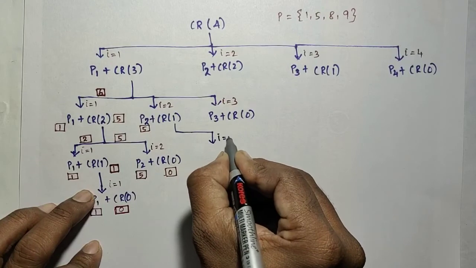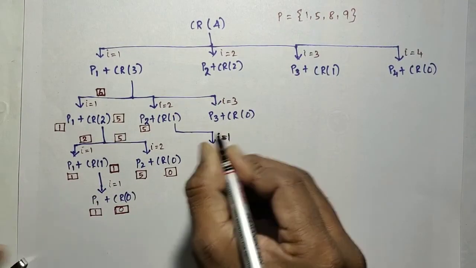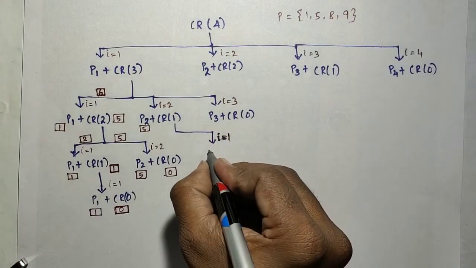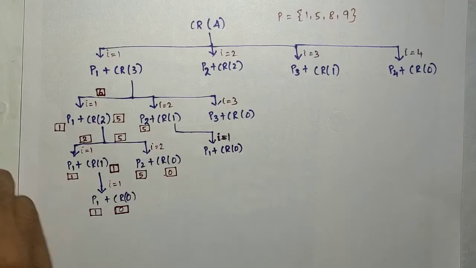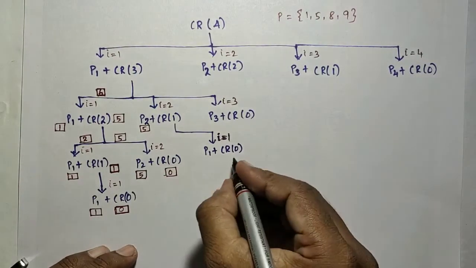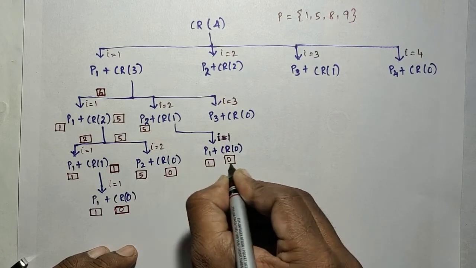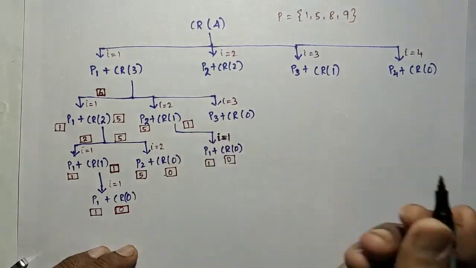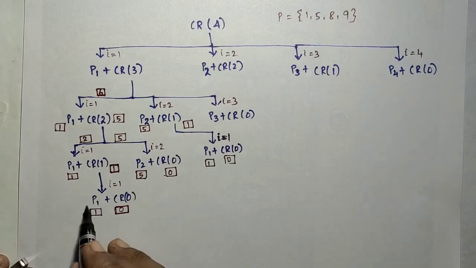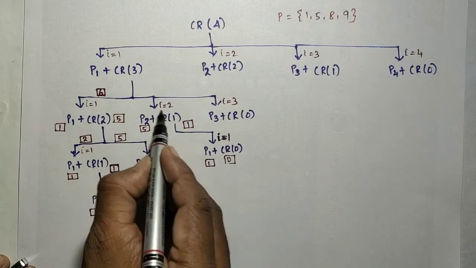In that case p1 plus CR of 0, like that. Then CR of 0 is 0. And p1 is 1. And 1-inch rod maximum revenue will be determined as 1. So what you have done here, the same computation is happening for this call also.